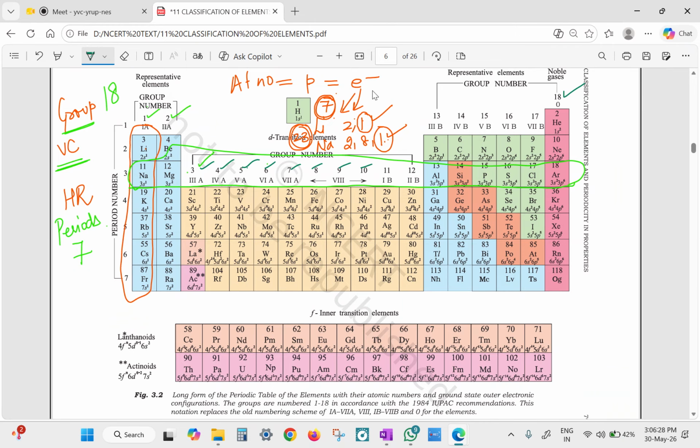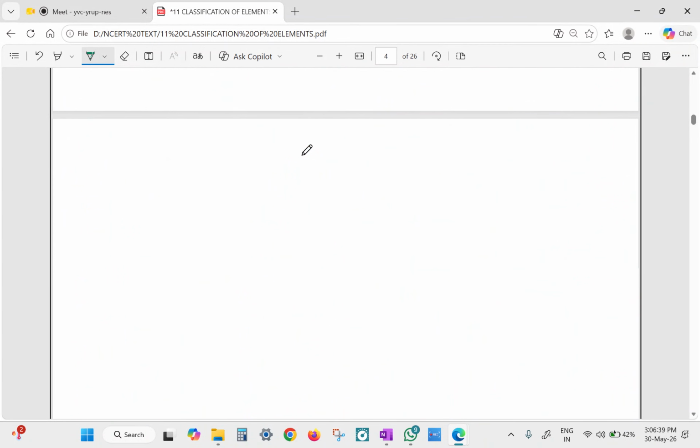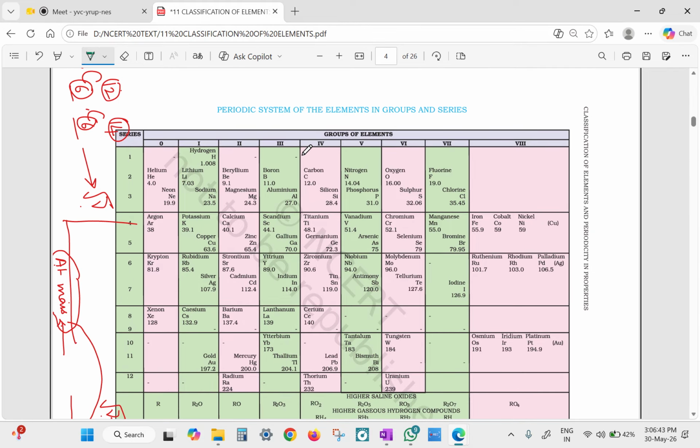Whereas in the old form of the periodic table, that is, even in Mendeleev's periodic table, the elements were arranged as group A and group B. I'll show you where they are. See here, this side elements 2A, this side elements 2B.